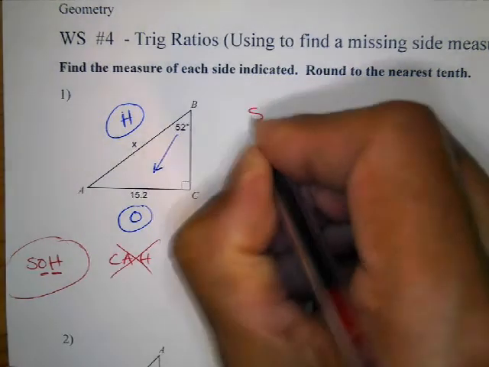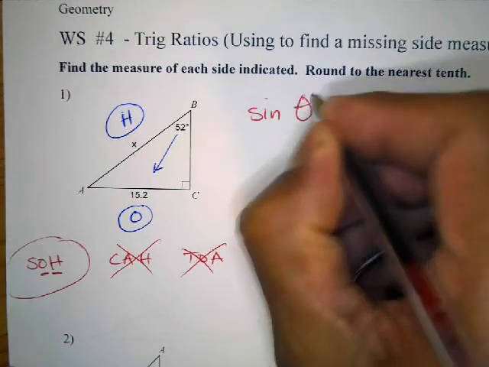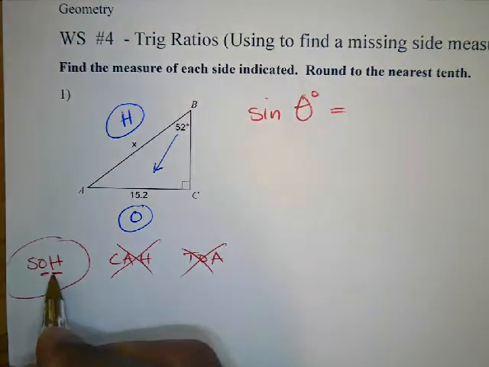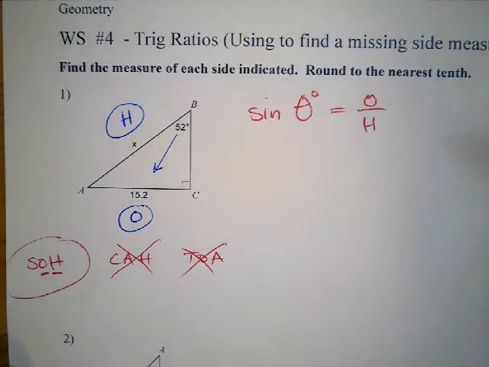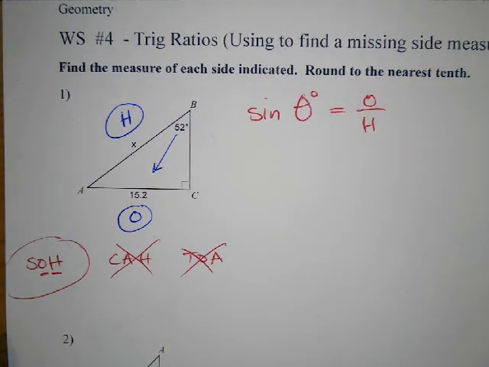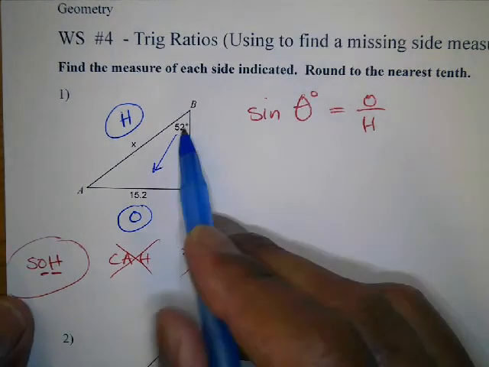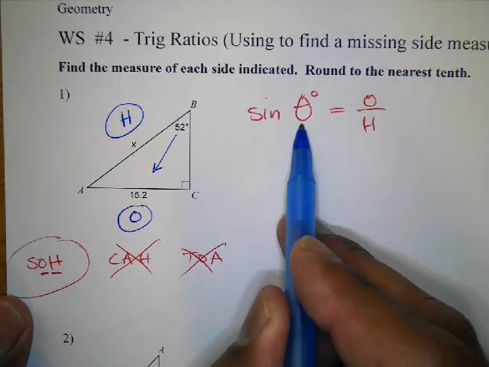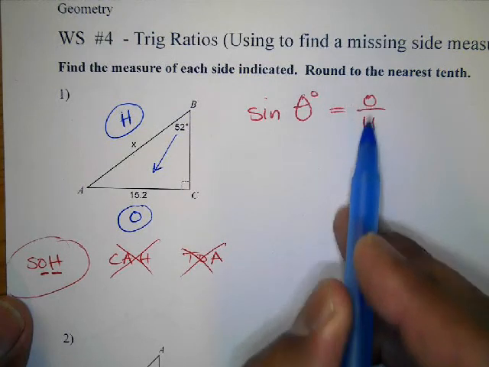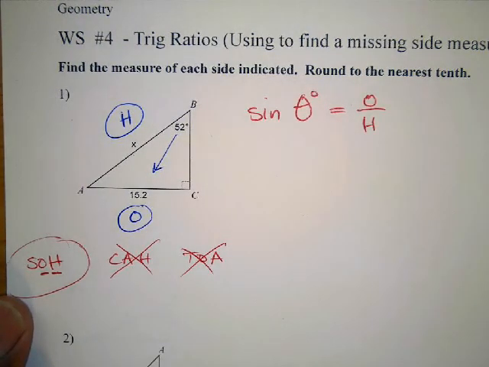And what does SOH mean? That means that sine of the angle is equal to, and then remember that's the ratio O over H, your fraction, right? And we did this similar to the previous assignment. So now you're going to fill in the information for these 3 parts. Put the angle there and put the parts for the O and the H in this case.